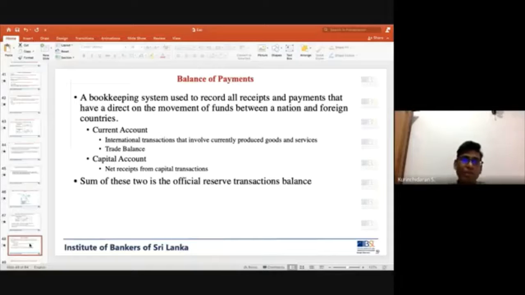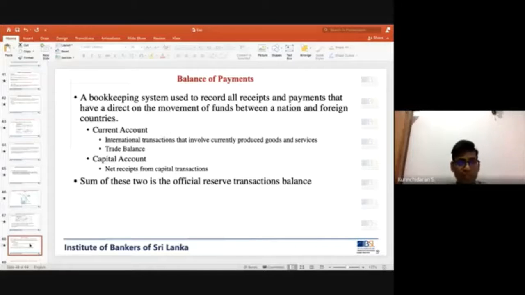Let's assume trade between countries. You are exporting and we are importing. When you export, you get a foreign exchange inflow. When you import, you have a foreign exchange outflow. Like that, the rest of the countries also have those kinds of transactions.